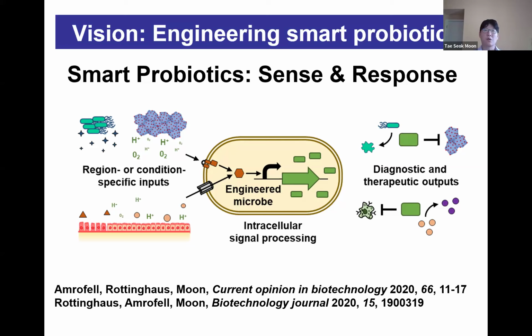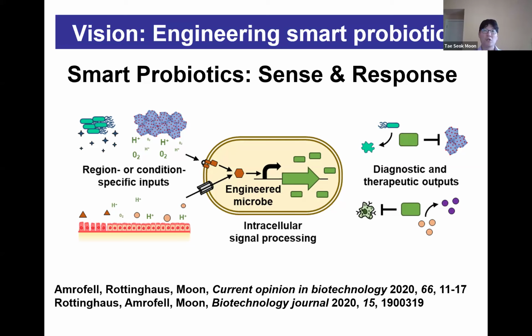As I mentioned earlier, the sensor could potentially detect disease. At the same time, the sensor triggers some output. The output, I called it the actuator earlier, would be some molecule that cures some disease.